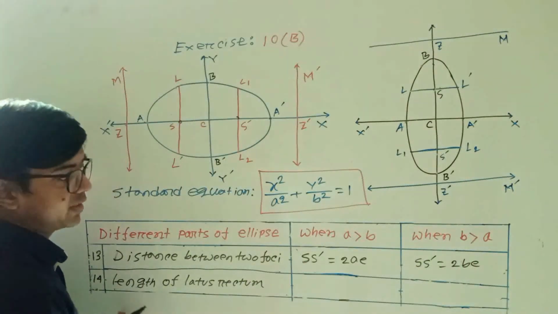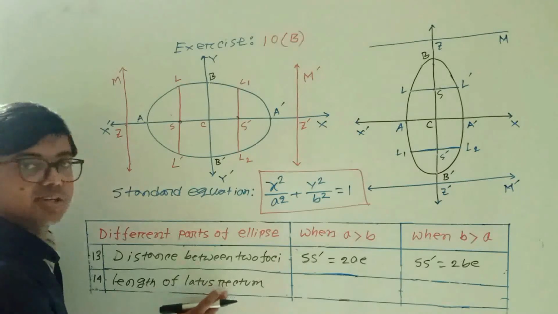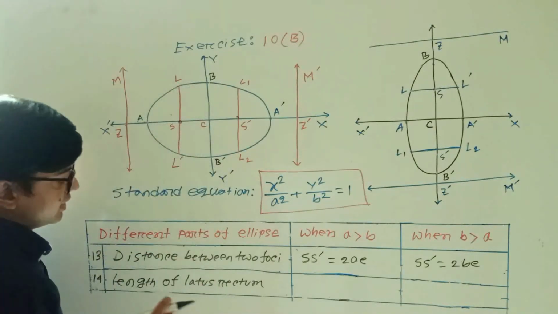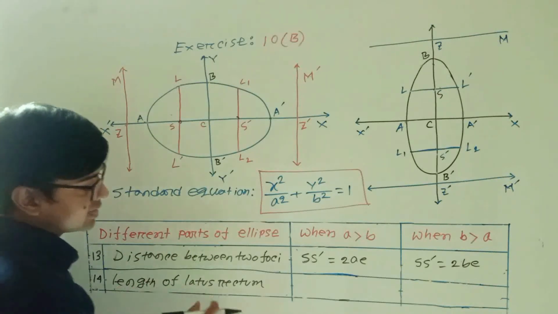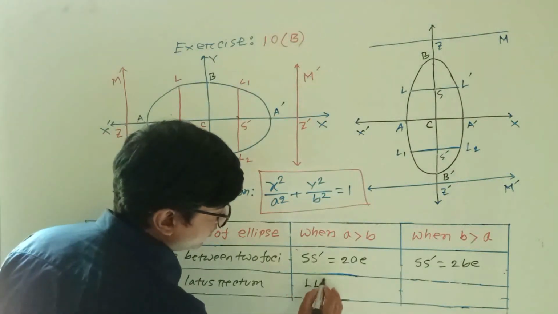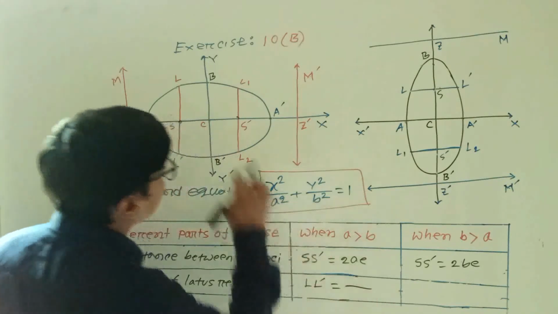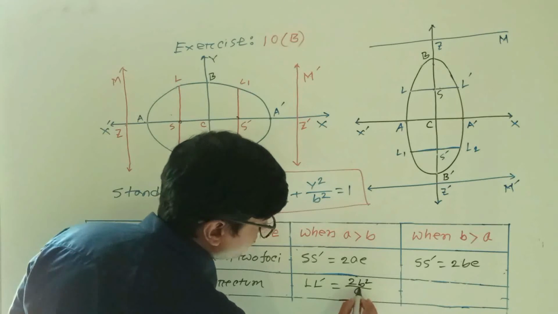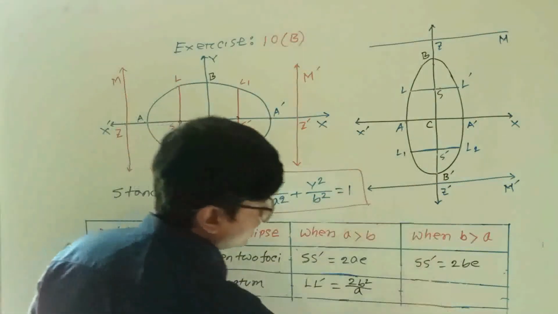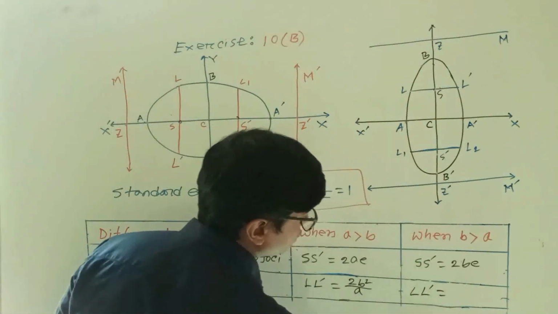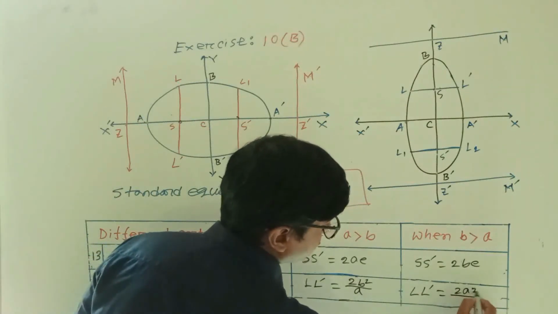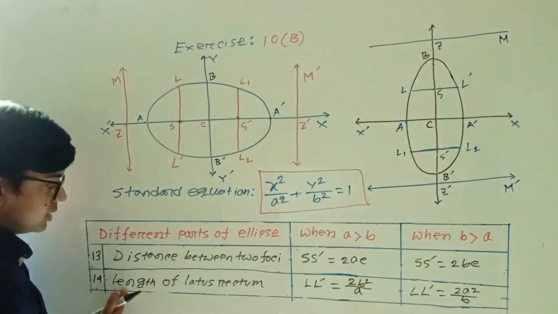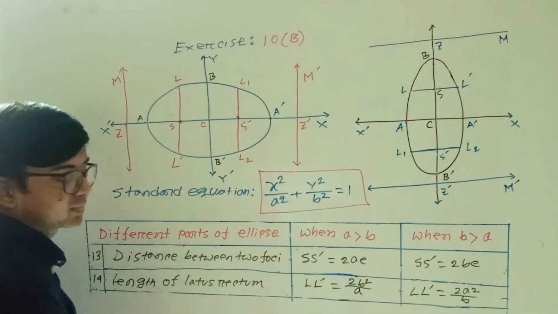Now formula number 14, length of latus rectum. Here L L prime is the latus rectum. So length of latus rectum L L prime for this figure will be 2B square by A, and for this figure it will be 2A square by B. This is the formula of length of latus rectum.